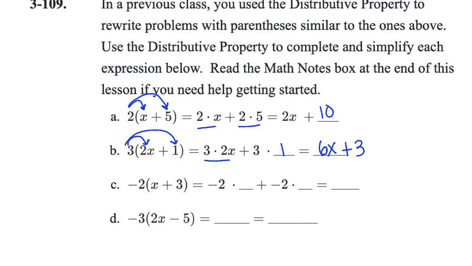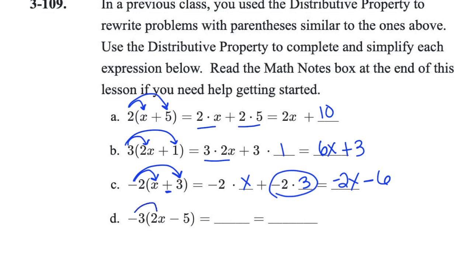It just means that they're in the opposite region, and we end up flipping them all up. We're going to do negative 2 times x and negative 2 times positive 3. So negative 2x, and then negative 2 times positive 3 is negative 6 or minus 6.